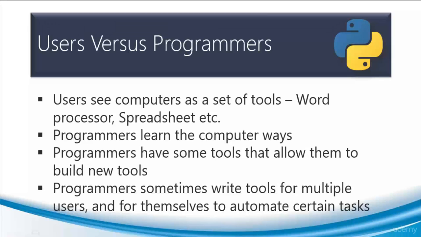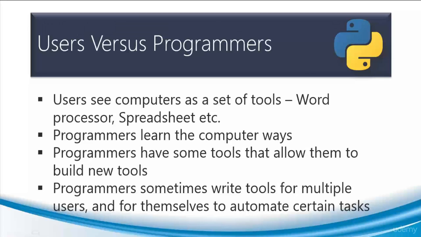Programmers, on the other hand, learn the computer's ways, in other words, the way a computer understands the actual language. Programmers have tools that allow them to build new tools, and they sometimes write tools for multiple users as well as for themselves to automate certain tasks.